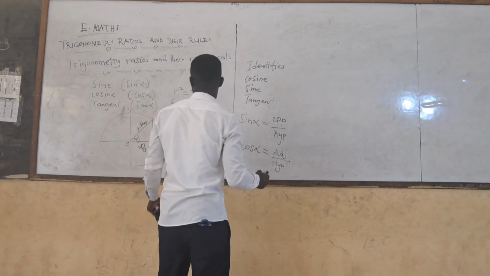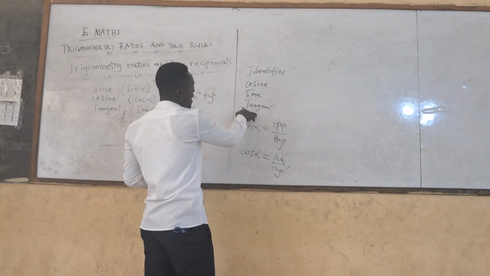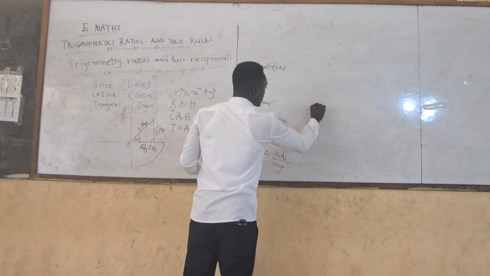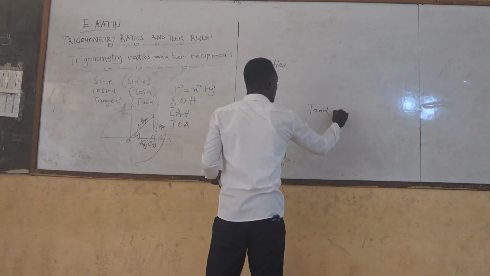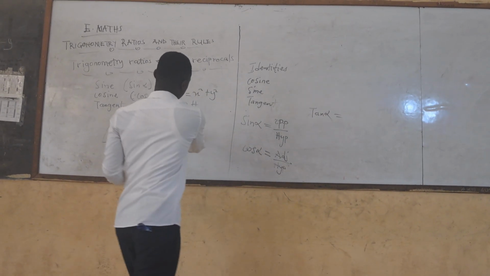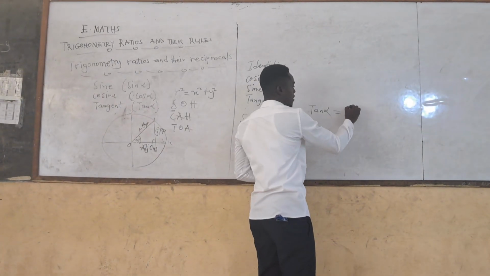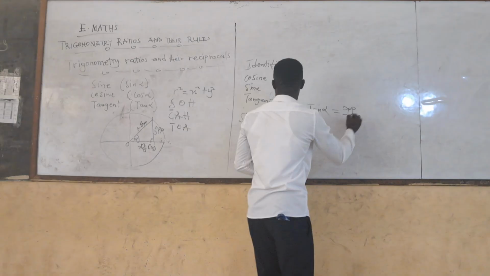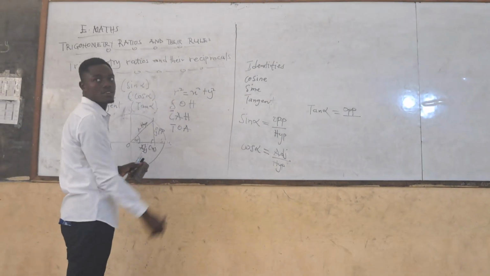Then we also check T, which is tangent. So tan of the angle is equal to the next letter, O, which is opposite, over the last letter, A, which is adjacent.